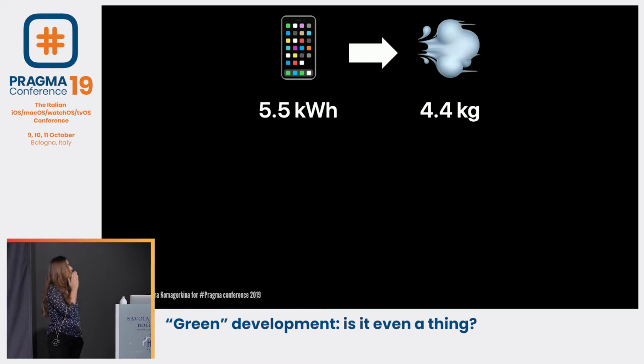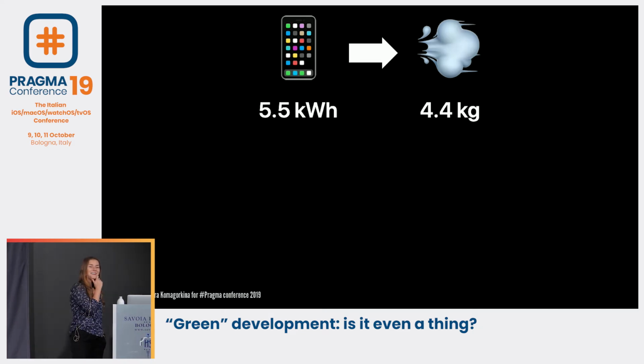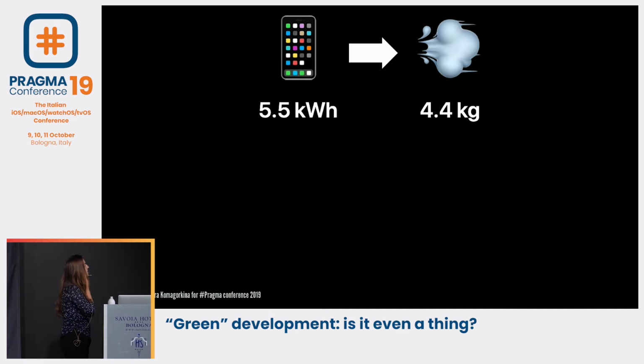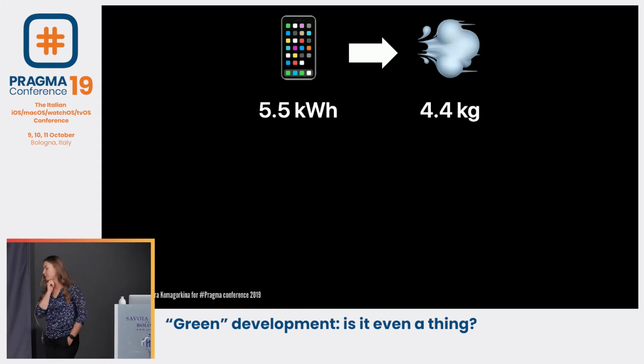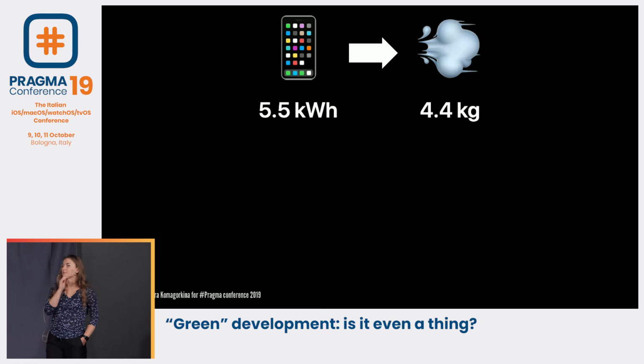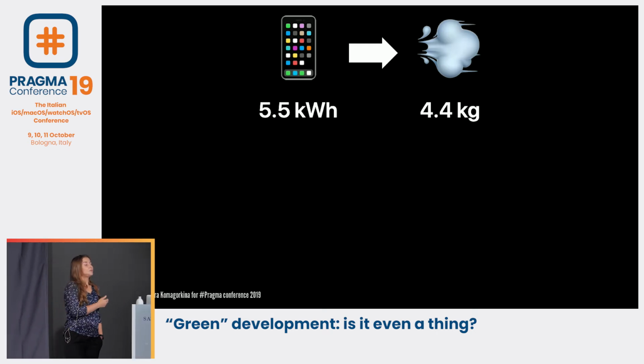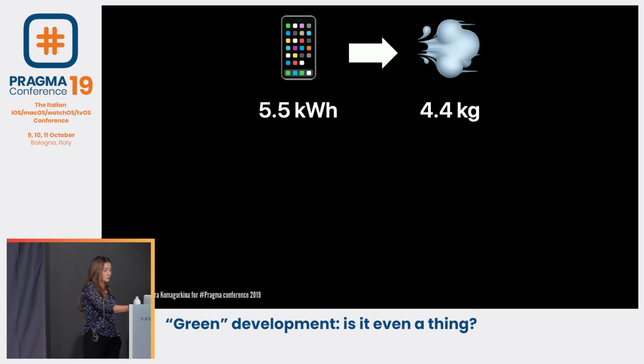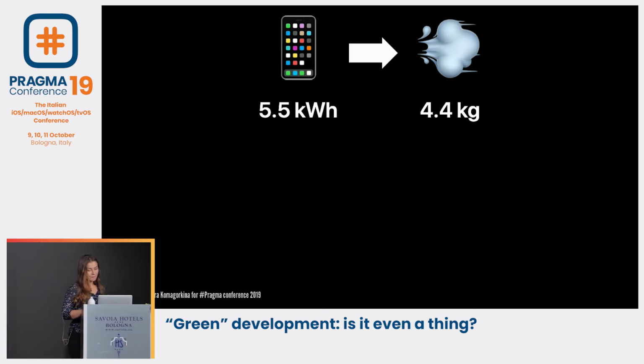So 5.5 kilowatt hours per year to charge an iPhone, something like 2 or maybe 3 euros you will pay per year to charge it. And the amount of CO2 released to the atmosphere by burning fossil fuels during this year to produce these 5.5 kilowatt hours of energy will be 4.4 kilograms of CO2.